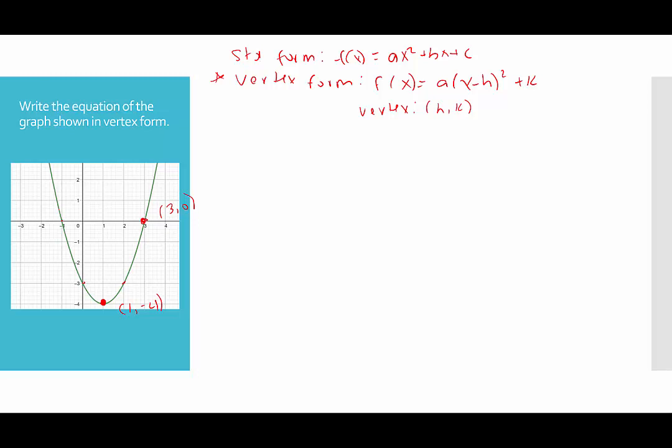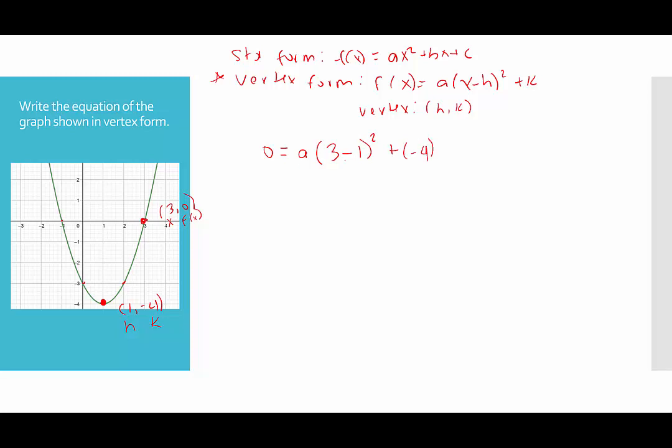And what we're going to do is plug in 1, negative 4 for h and k, and we're going to plug in 3, 0 for x and f of x. And that's going to help us determine the value of a. So we're going to say 0 equals a times x, which is 3, minus h squared plus negative 4, which we could say minus 4, but I already wrote the plus, so we're going with plus negative 4.